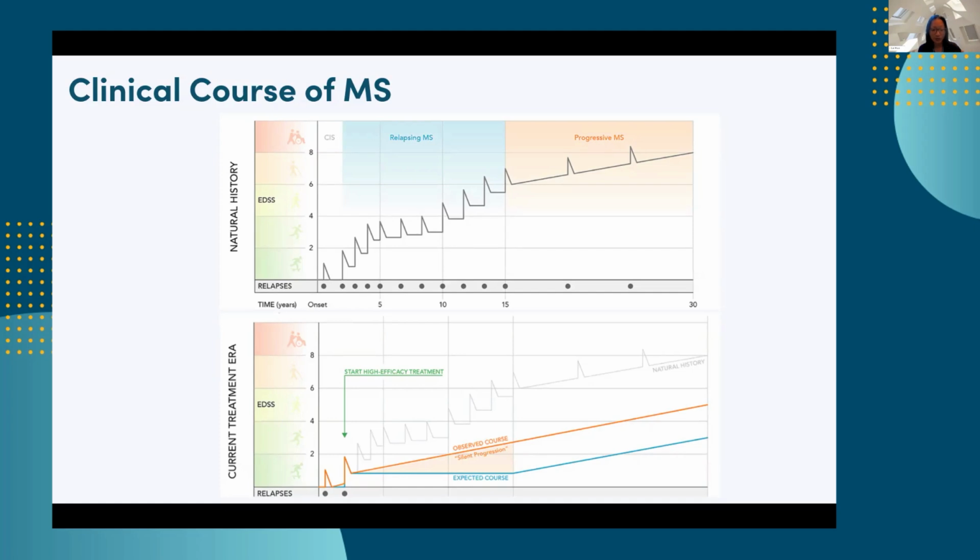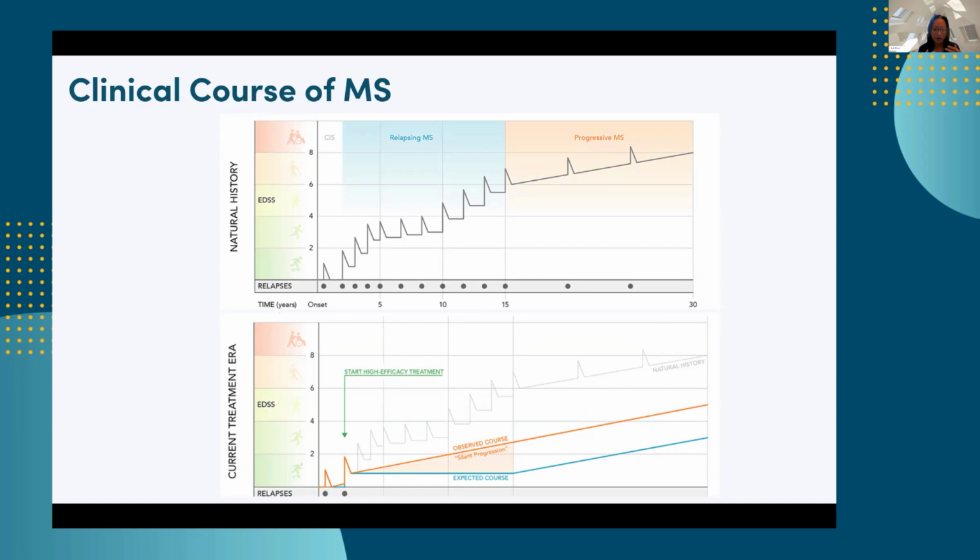And what we had thought was that blue line, that expected course there, right? So if we started patients on treatment right when they were diagnosed with MS, and stopped that second relapse and all future relapses, we would expect a person to be flat that entire time.